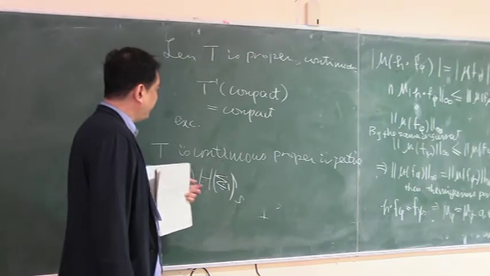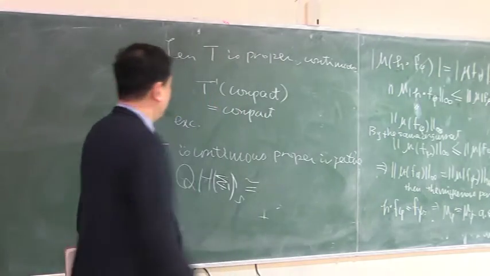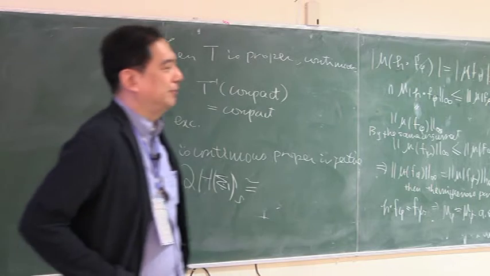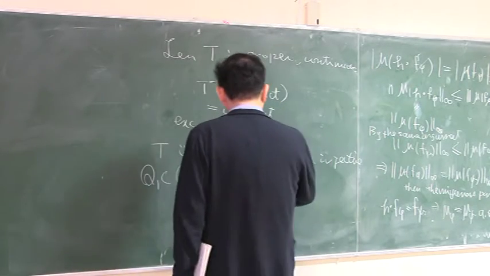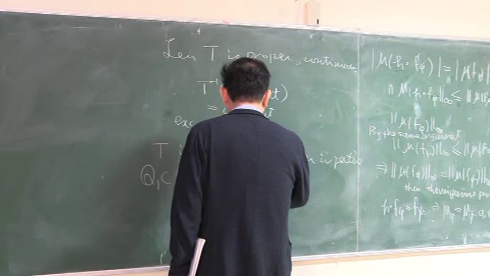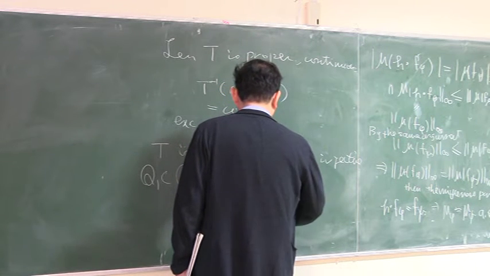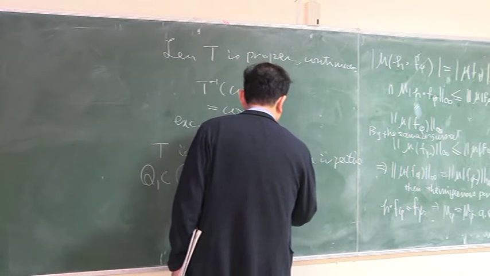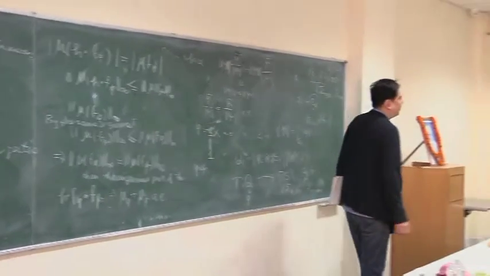Since this is the space of some kind of differential forms, here you need to use the Riemann-Roch theorem, and then you can show that it's just a complex linear space of dimension 3g minus 3.